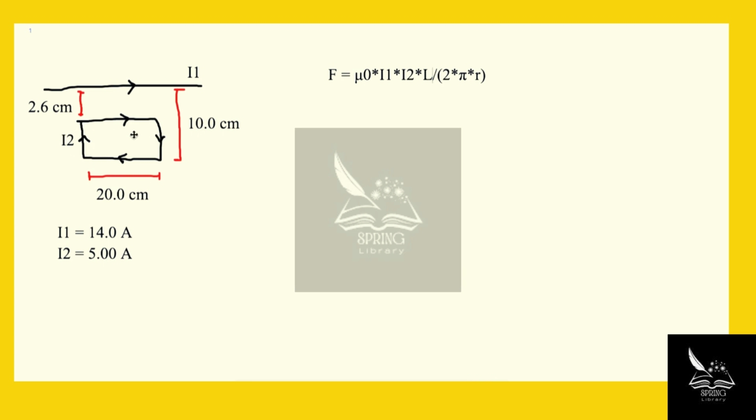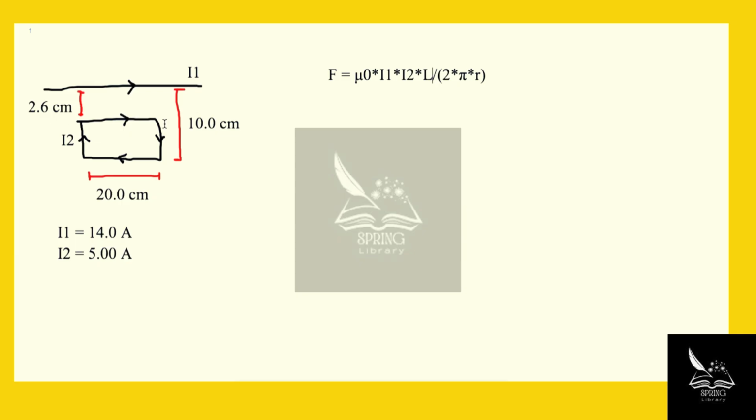One will be negative and one will be positive, so they're essentially just going to cancel out. We can ignore these two vertical parts of the loop because they're not going to contribute anything to the force.